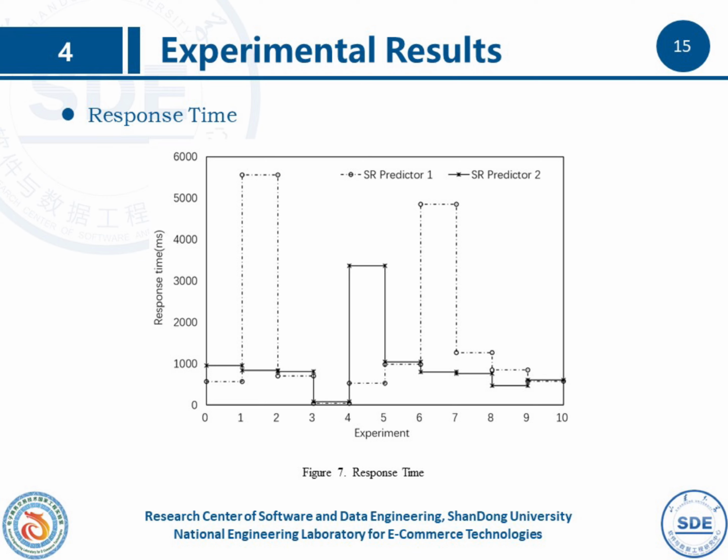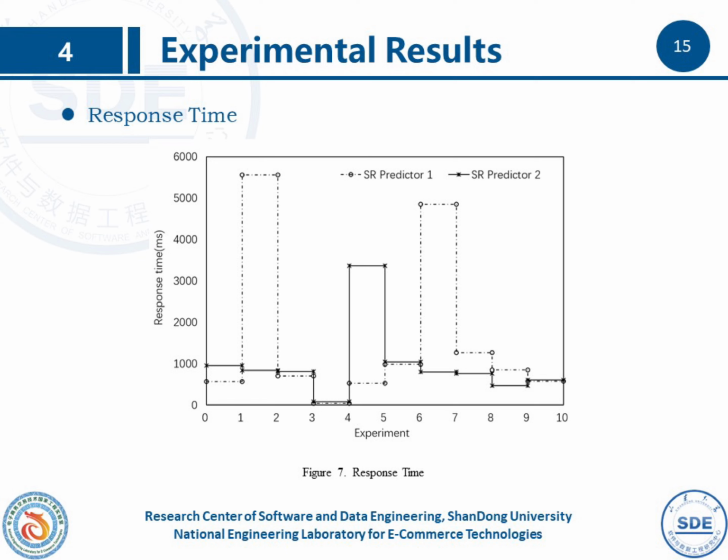This figure shows the comparison of response time using the two software resource predictors. It can be observed in the figure that 3 experiments with SR predictor 1 do not meet the response time of 1 second.